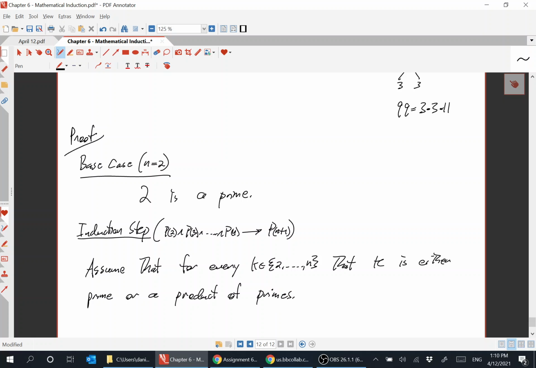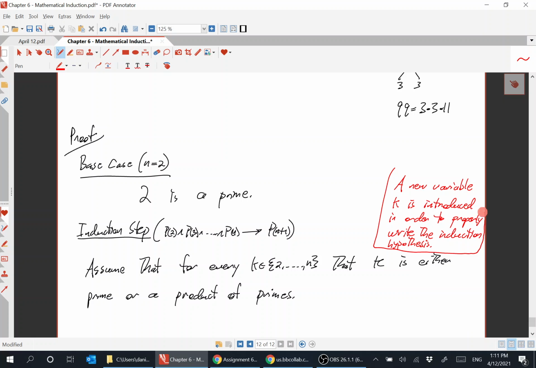So the new variable k is introduced in order to properly write the induction hypothesis.